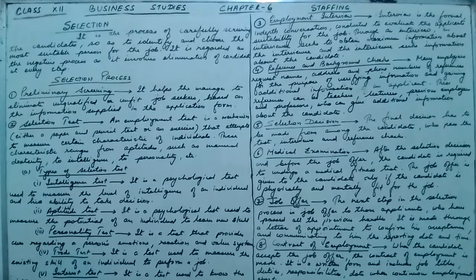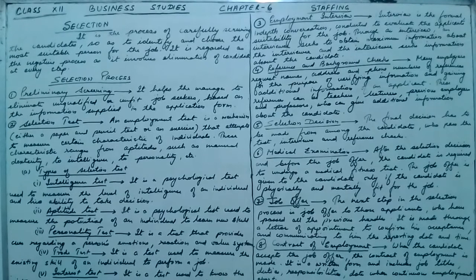It is in written form and includes job title, duties, responsibilities, the date when continuous employment starts and the basis for calculating service, rate of payment, allowance, hours of work, leave rules, sickness, grievance procedures, etc.